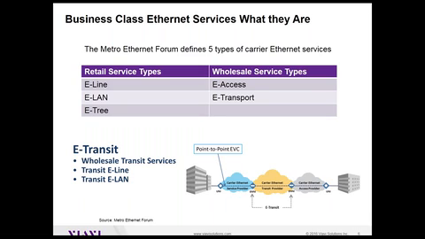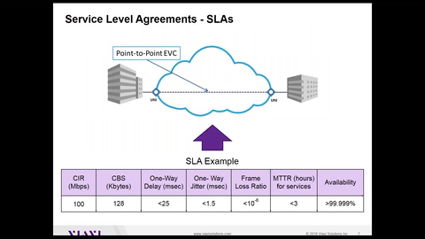They've got an access provider on the right who has the local connectivity, but they need to contract out with a transit provider to connect the two together. So that's an e-transit service set up in the middle part of this network. Now you've got three different service providers in the mix, and potentially three different SLAs that have to be negotiated and tested.